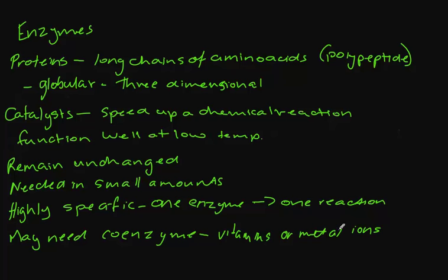Now the importance of these is that they bind with the protein part of the enzyme at the active site. And the active site is something that we'll look at in the next couple of slides. And they assist with the reaction occurring.